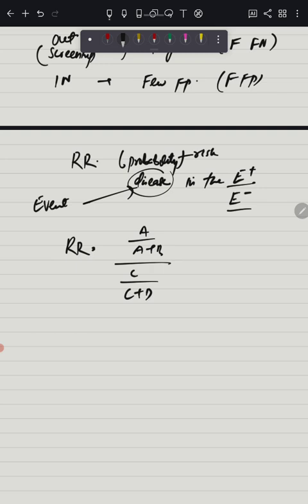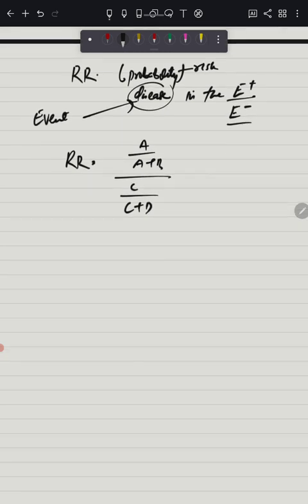So we are going to make a 2x2 table with exposure plus and exposure negative, disease plus and disease negative, and total.